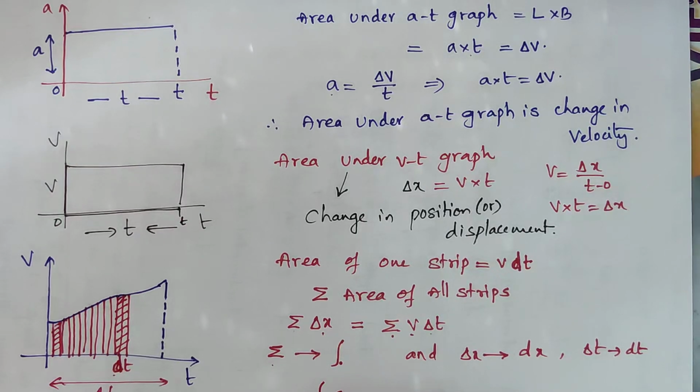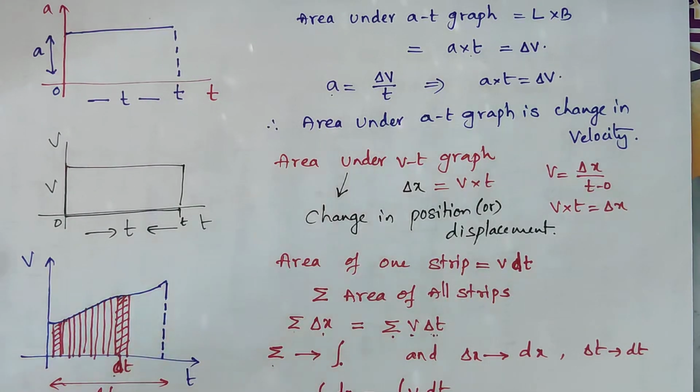So summation is replaced with integration. Delta x will become dx, infinitely small displacement, equal to integral v dt, where delta t will become dt. Integral dx equal to integral v dt. Here what is changing? Dx.